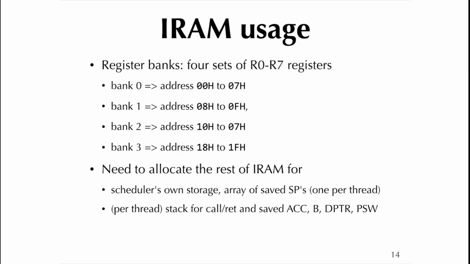I'll get to the stack. First, the register concept: bank 0, 1, 2, 3. What's the advantage to using banks 0 to 3? It's actually nice because when you switch threads, you just switch bank, and that's just setting a few bits. That way, it saves you the work of having to push and pop these registers.